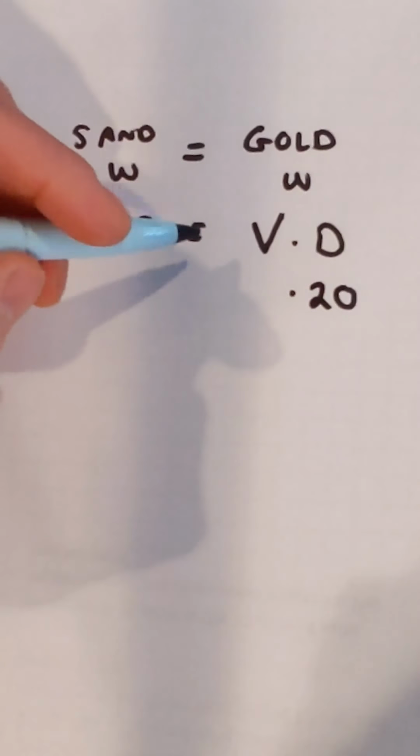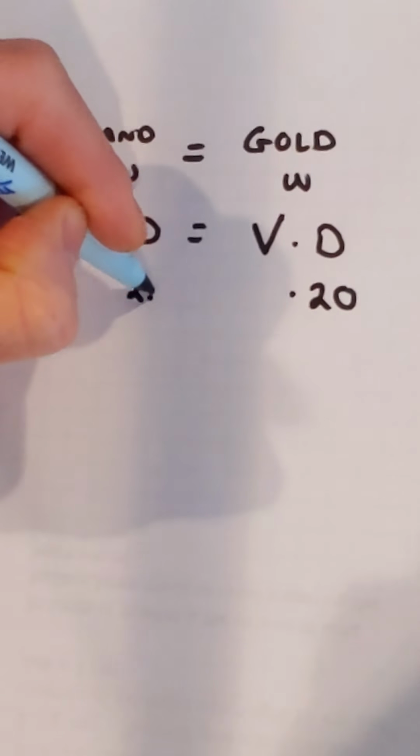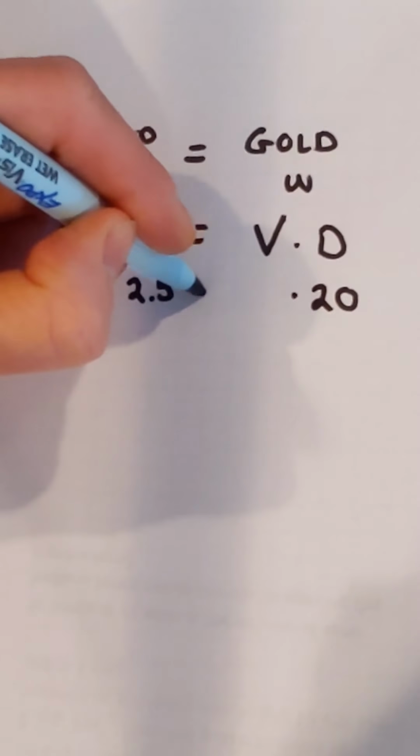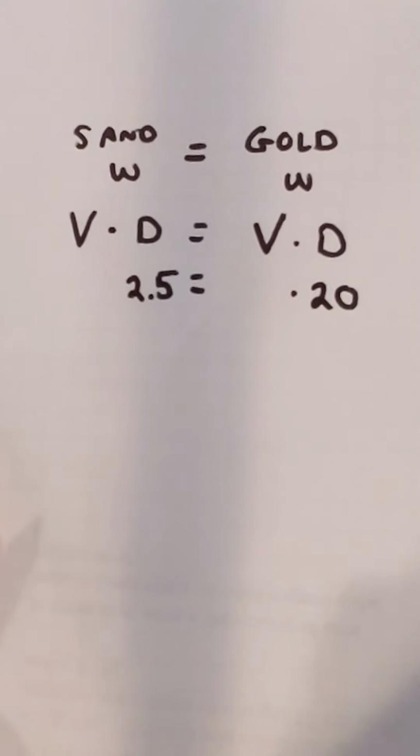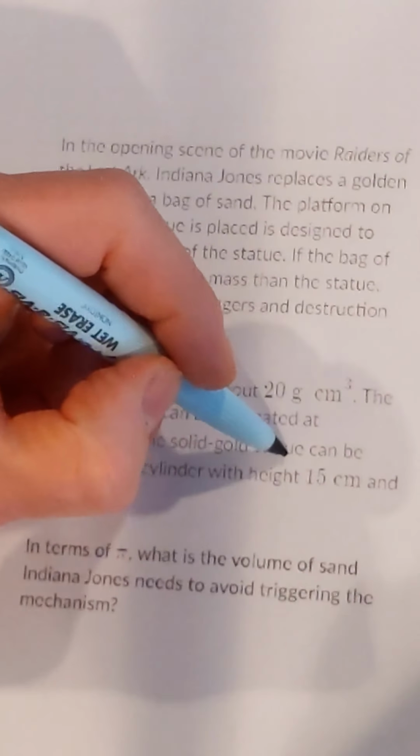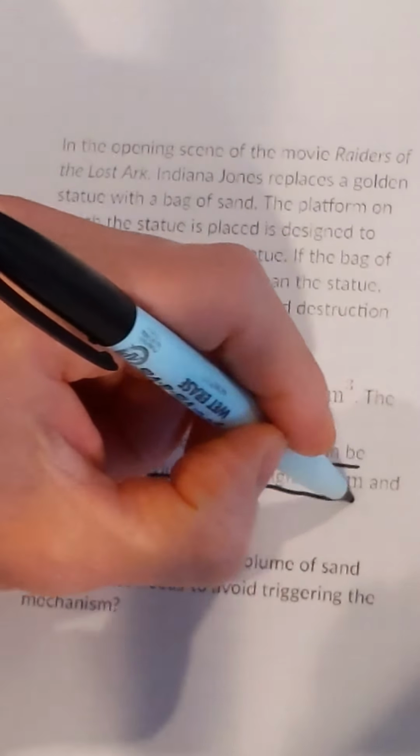It says the density of sand can be estimated at 2.5. So they give me the density is 2.5. Now I'm still missing two volumes. I need one of the two volumes. It says the gold statue can be modeled as a cylinder.